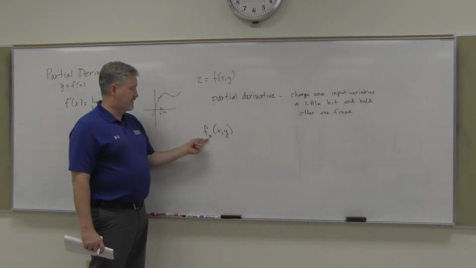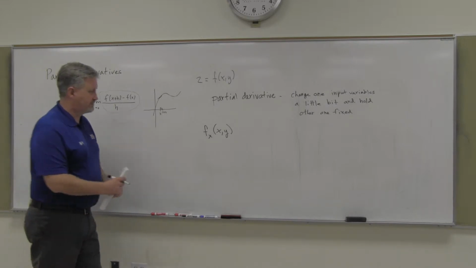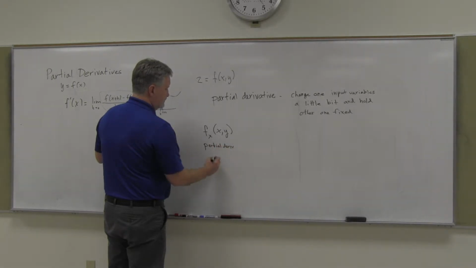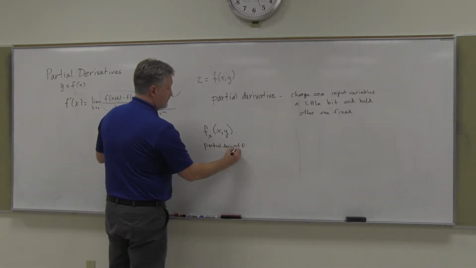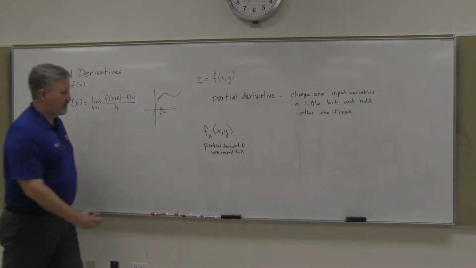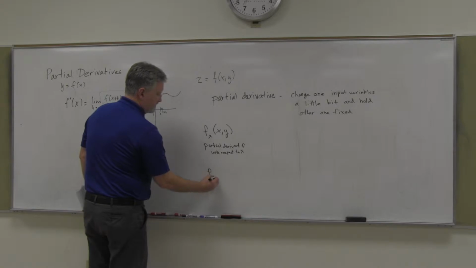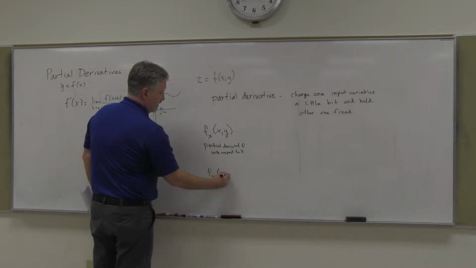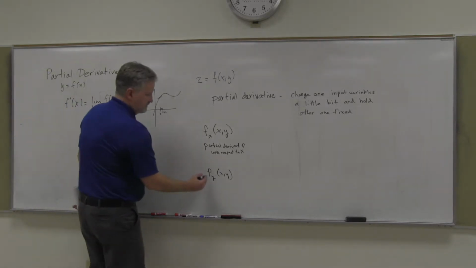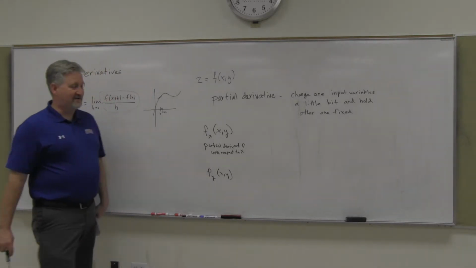So in this case, I'm doing the partial derivative of f with respect to x. And f with subscript y is going to be the partial of f with respect to y.